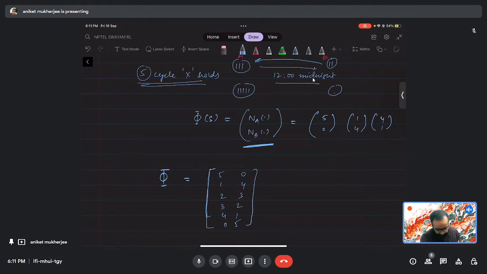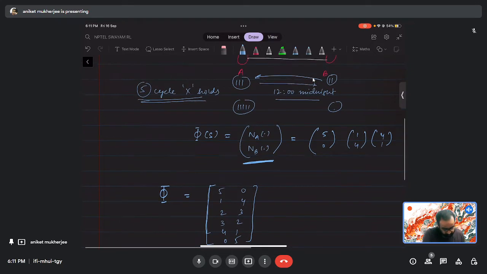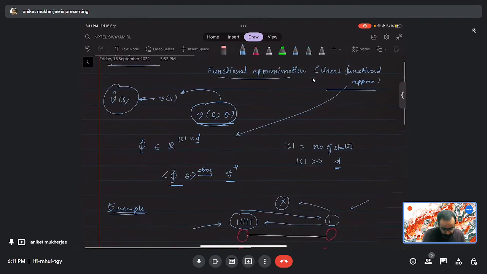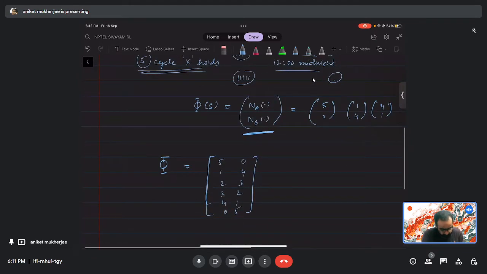And now you want to find theta such that, okay, so how many states do you have here? These are all your states, so 1 2 3 4 5 6 states. You want to find a vector theta such that this gives you your value function for each state.